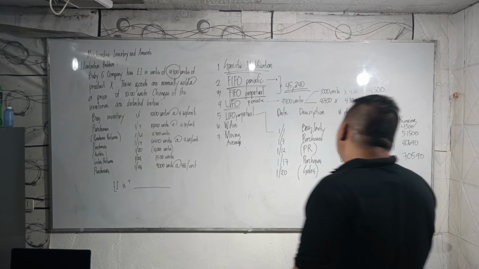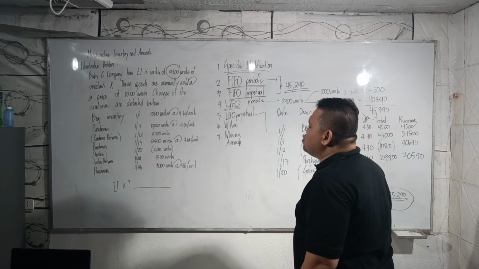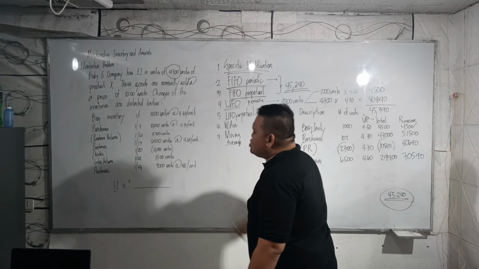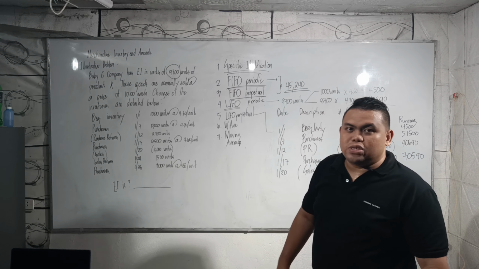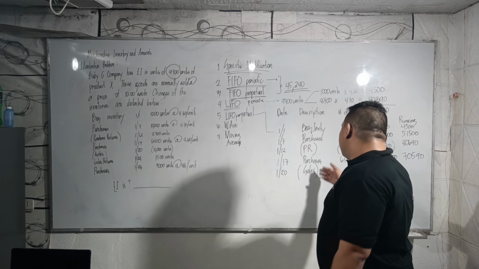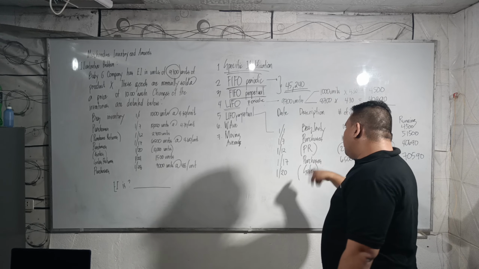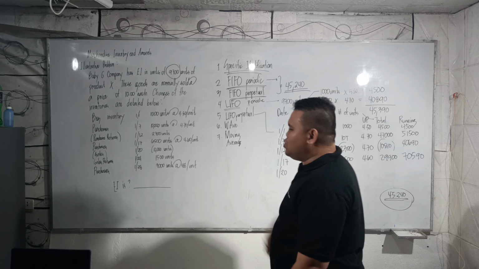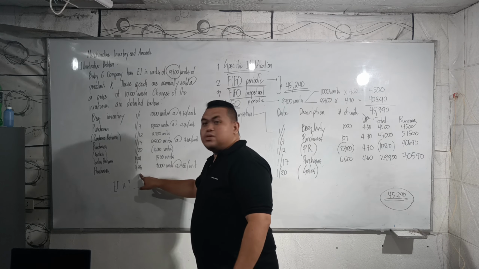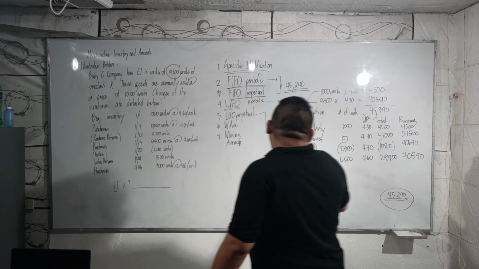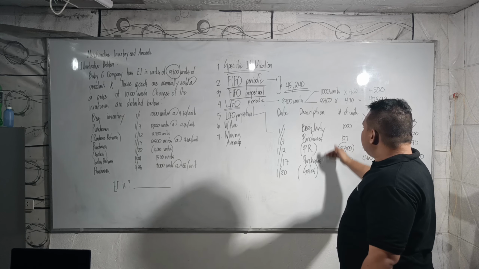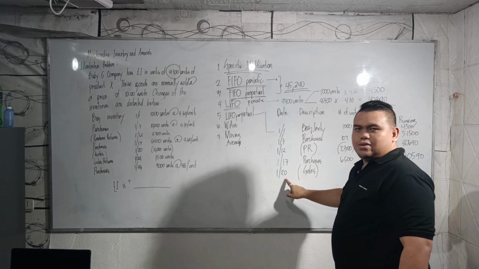So supposedly, when we talk about last in, first out, the last in is the purchases on January 28. So that should be the first one to be sold. However, the sales happened on 120. So it's impossible that you can put this in the equation. You can only analyze backwards from the 120.